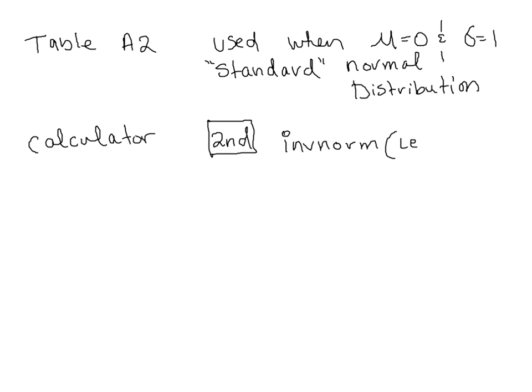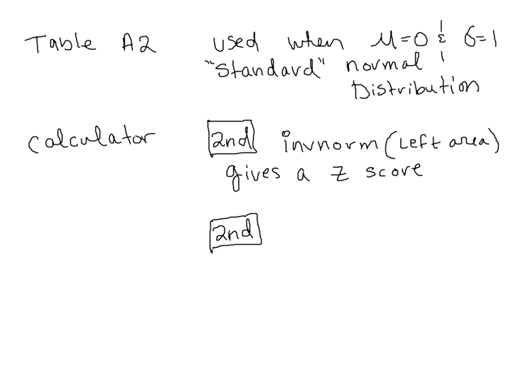It was second inverse norm, and then you enter the area to the left. When you do that, that gives you a z-score, and that's okay to use.